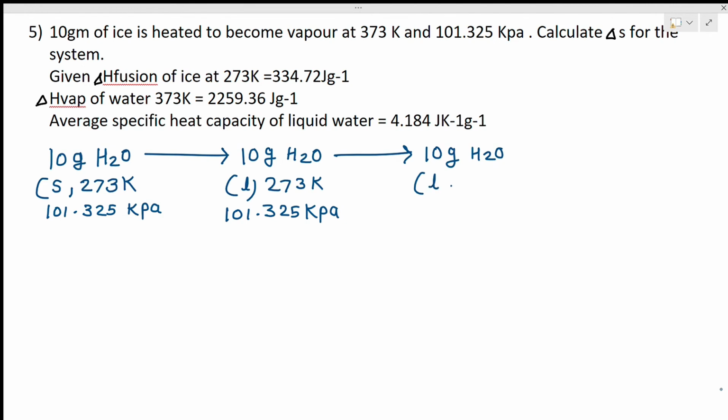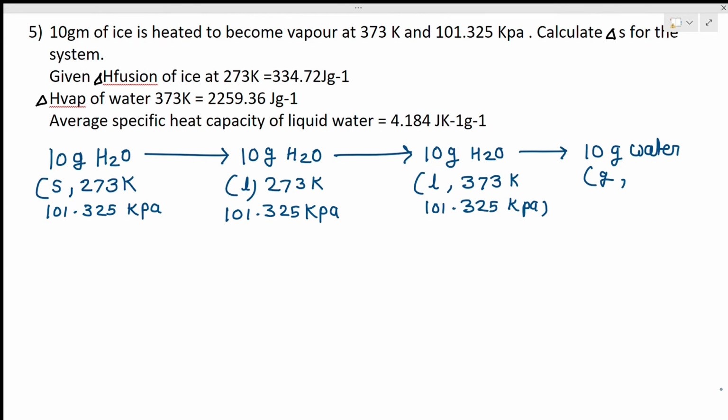Then it is changing to 10 gram of H2O liquid, now at 373 Kelvin. Temperature is changing, pressure is the same, 101.325 kilopascal. And then it is changing to 10 grams of water at gaseous state. It means it is changing to vapor.